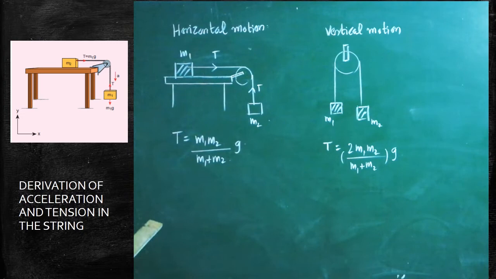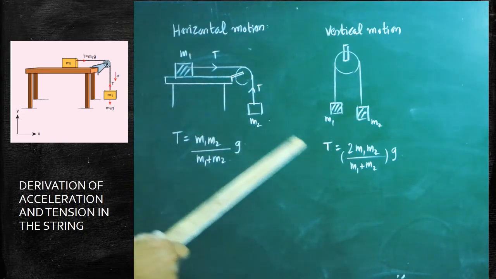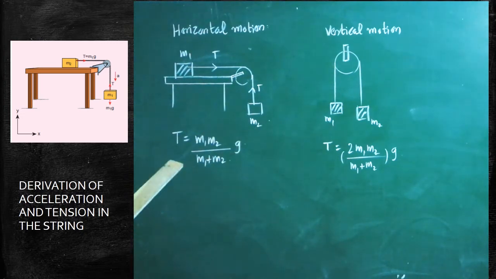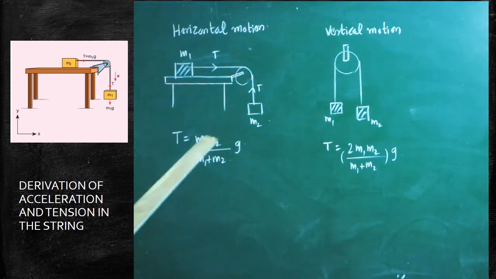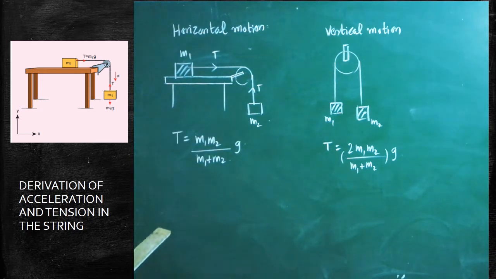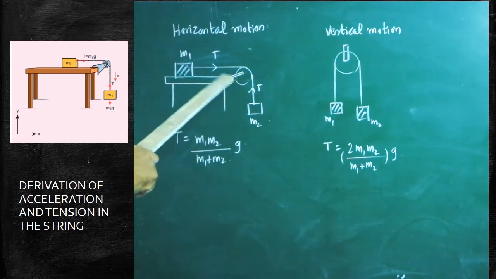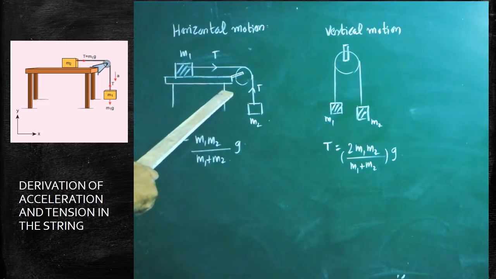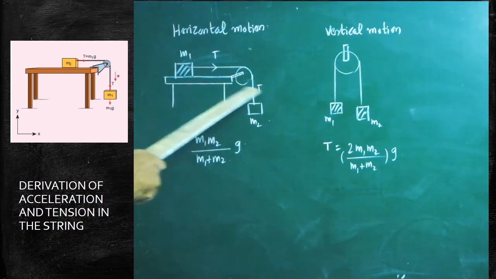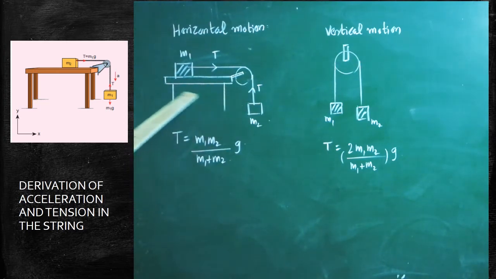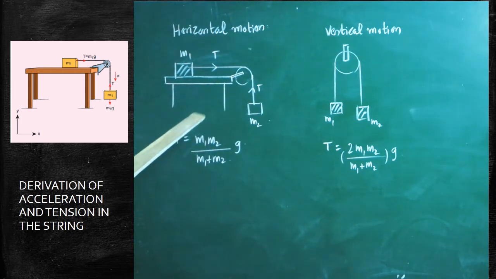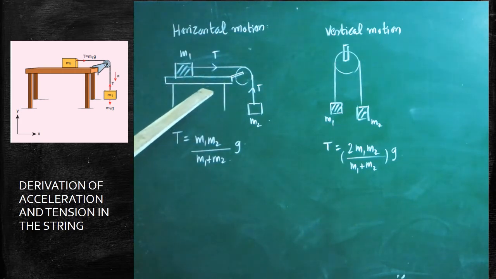So this particular expression and this application are mainly used in industries. The ropes used in conveyors, mainly this kind of system, are used in conveyors. The ropes used in conveyors, that is in the case of horizontal motion, conveyor belts, are clearly working for a longer duration.